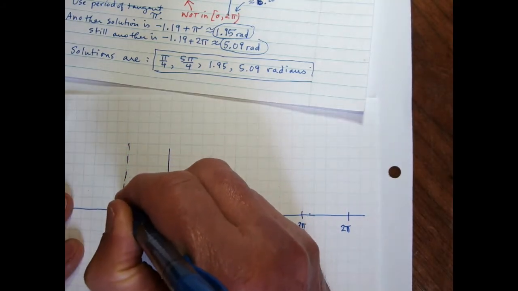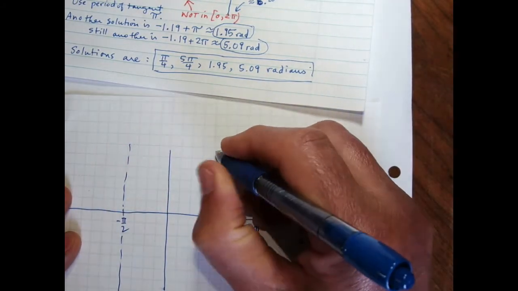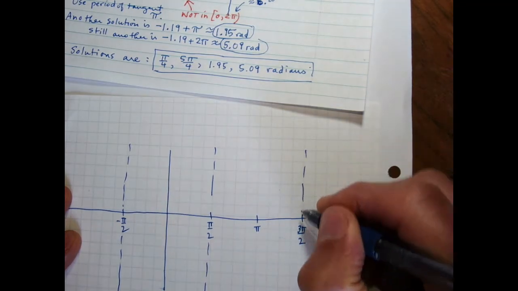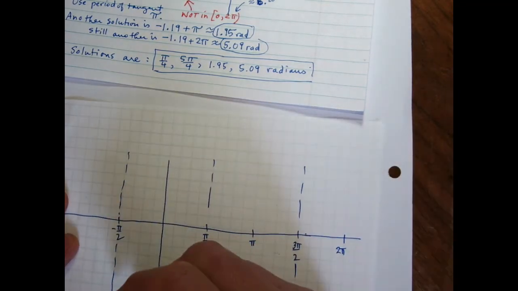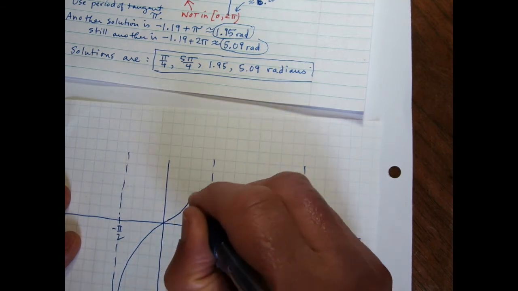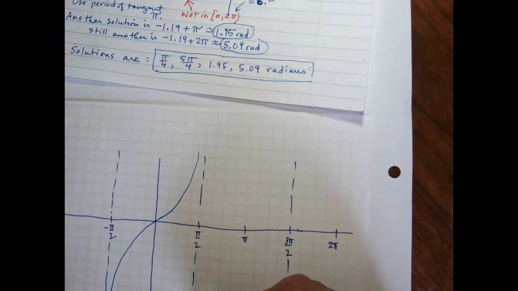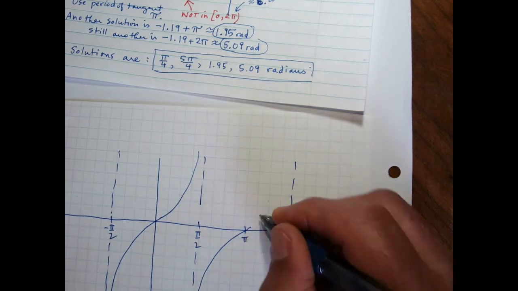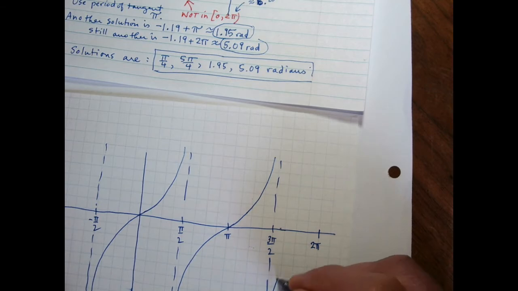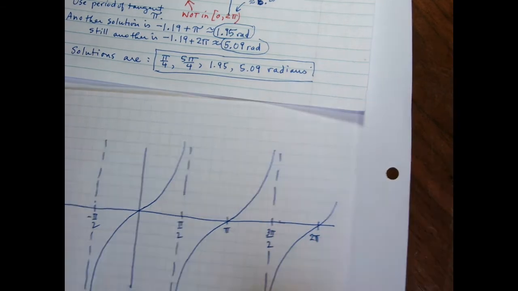Tangent has vertical asymptotes at negative pi over 2, and pi over 2, and 3 pi over 2. And the tangent graph consists of these branches that repeat over and over again. 0 at 0, 0 at pi, 0 at 2 pi.